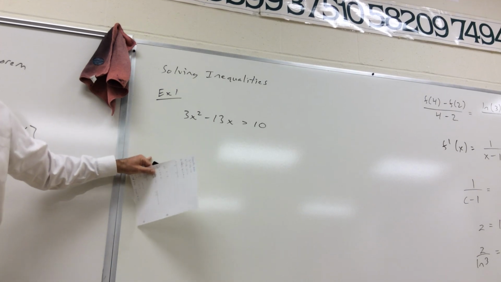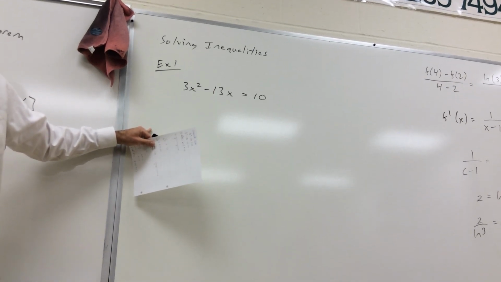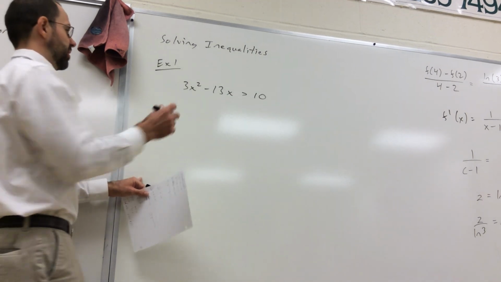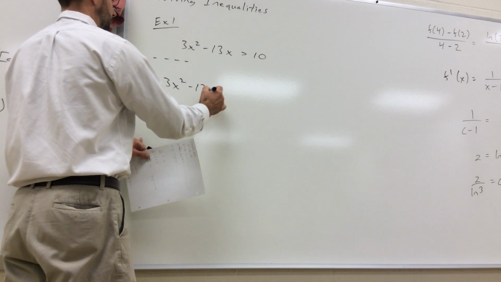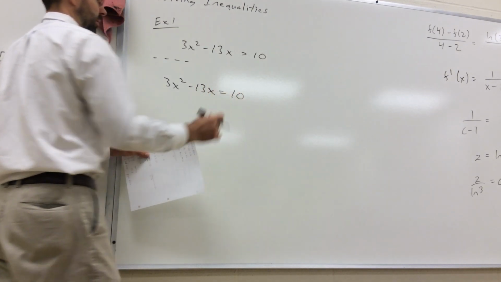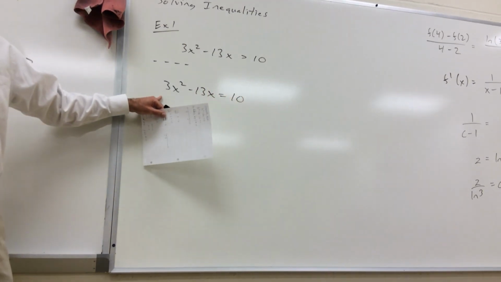Okay, so whenever you solve an inequality, the first step is to solve the equality instead. That seems kind of counterintuitive. So I'm going to solve for when this equals 10, rather than for when it's greater than 10.